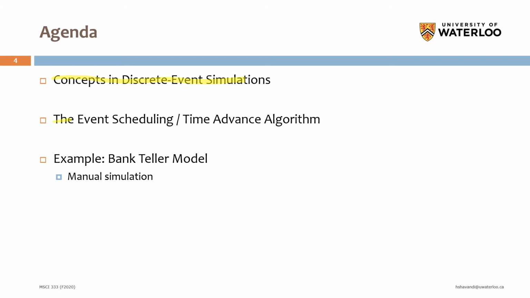The main body of any discrete event simulation is the event scheduling or time advance algorithm. So we'll see how this algorithm works in DES. At the end we'll have an example bank teller model, and we will simulate this example manually to see how the time advance algorithm works.